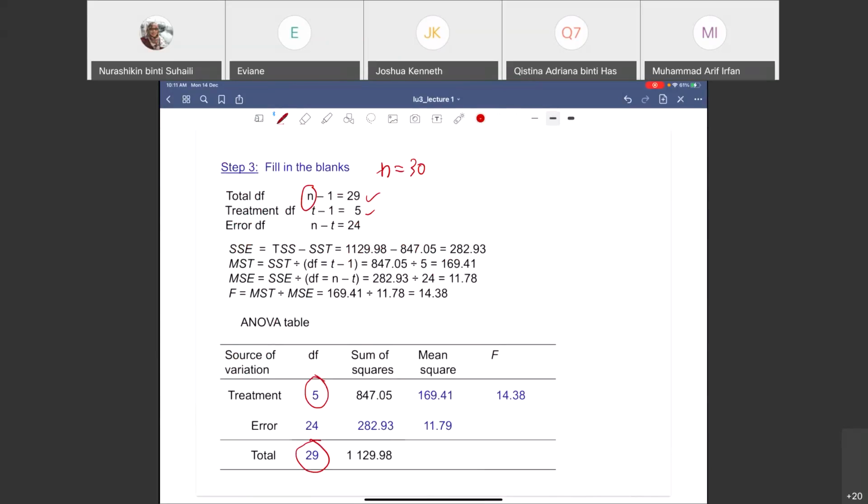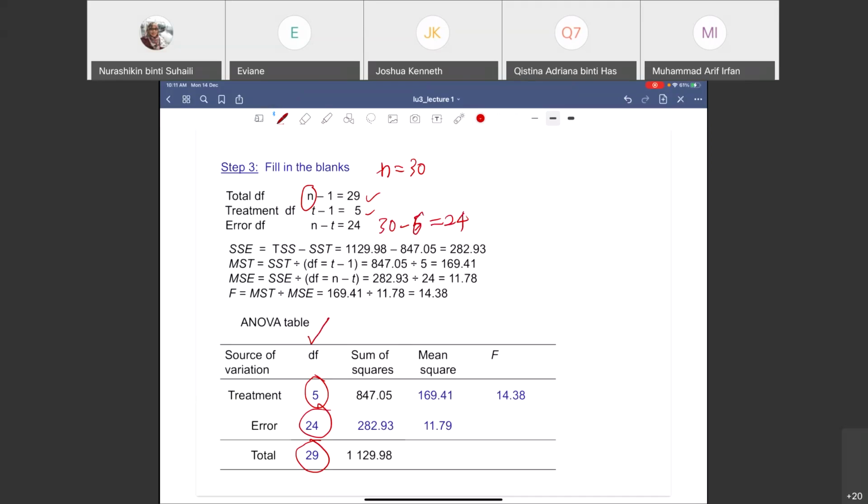So that's how we got 5. And the DF for the error is n minus T, which is 30 minus 6, sorry, T is 6. So that's 24. So that's how we got 24. This is the easiest one, so don't make a mistake.